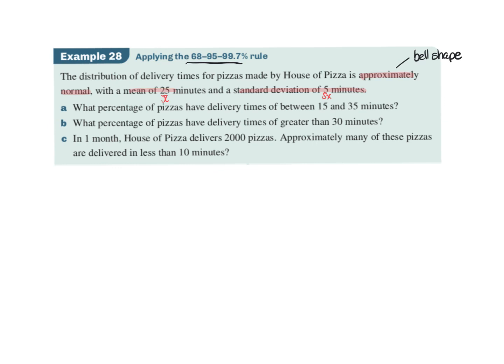What they gave us there is that mean value and the standard deviation, which I've been writing as SX. Question A says, what percentage of the pizzas have a delivery time of between 15 and 35? With these questions, I often find it's better, as soon as you see it's approximately normally distributed, to quickly sketch your bell shape, as it helps you visualize it.